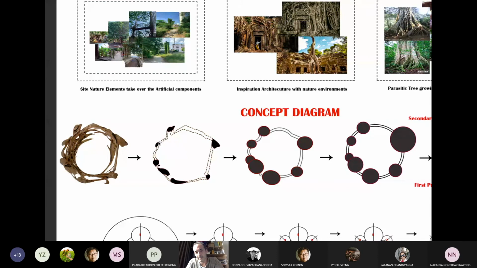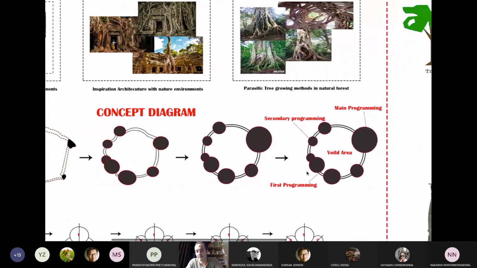It is not always the same distance, so it's very arbitrary. So at the end, he can put the main programs here, the secondary programs, the small ones, and the void area that he can play with.